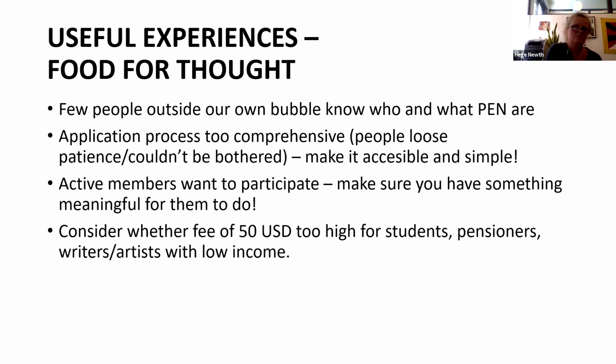If it's freedom of speech amongst young people, then make sure you have a little committee for young people, including the young people, some from the board and the members that want to work with the young people, and let them meet together and plan how they can work things out. And as I said, we have to consider whether our fee of $50 is too high for some of our members, and that we'll consider.